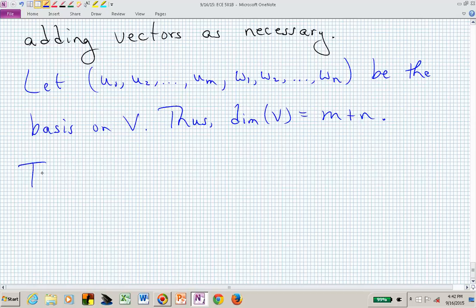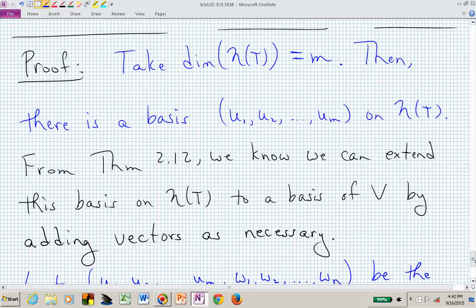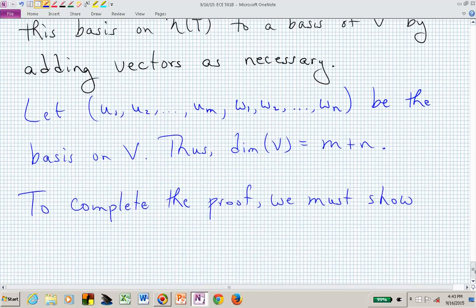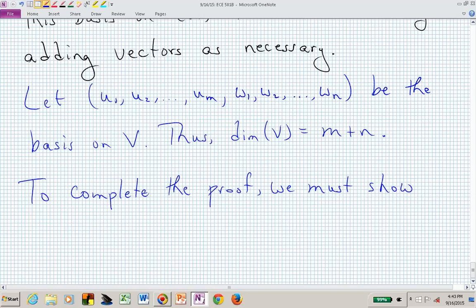Now, to complete the proof, what do we need? Well, we need to show that the dimension of the range space of T is how big? We assumed that the null space was m in size, didn't we? The null space is m in size, and we now know that the dimension of our domain is m plus n. M of that is from the null space. Now what do we need to prove?